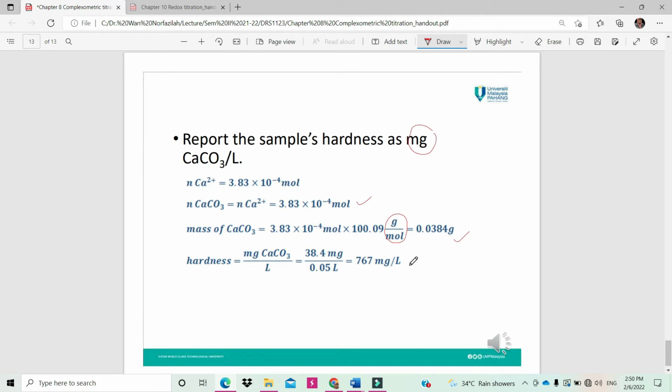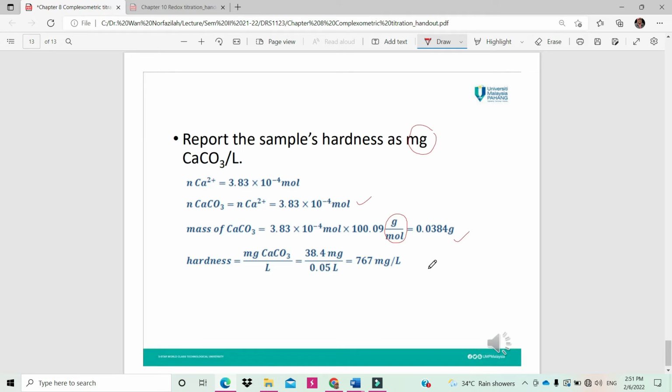Okay, so banyak mana? Boleh bayangkanlah 700 milligram. Kalau you ada 1 gallon air, you boleh nampak lah white precipitate of calcium carbonate. Okay, so this is the hardness. We use complexometric titration to determine the water hardness.